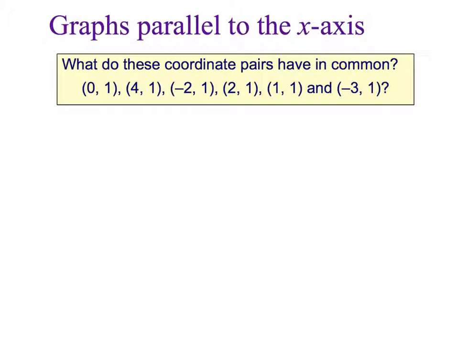Here we're looking at another example. What do these have in common? Y is the same. So we'd expect the graph to be y equals 1, because in every coordinate the y value is 1.